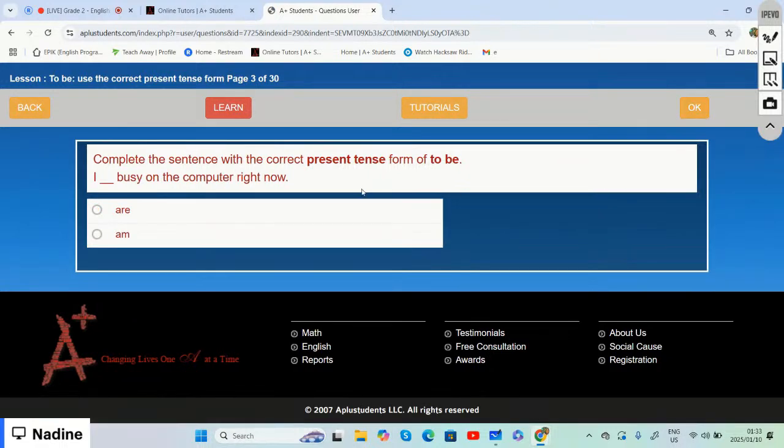The next one says I, right? Do we say I are busy on the computer right now, or do we say I am busy on the computer right now? Which one is correct? I are or I am? So I are or I am.